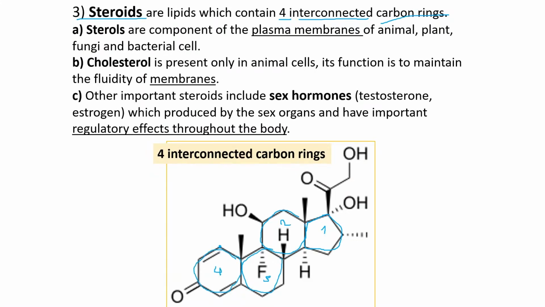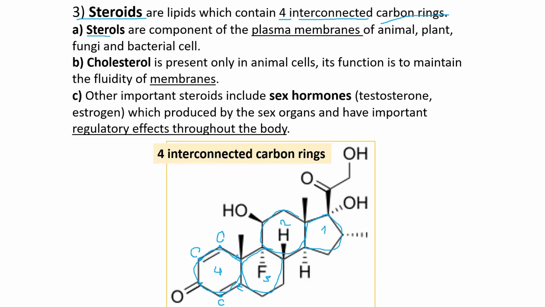And each intersection here, which they do not show, is a carbon atom. So these are our four interconnected carbon rings, and it's steroids. And steroids are also divided into different types.